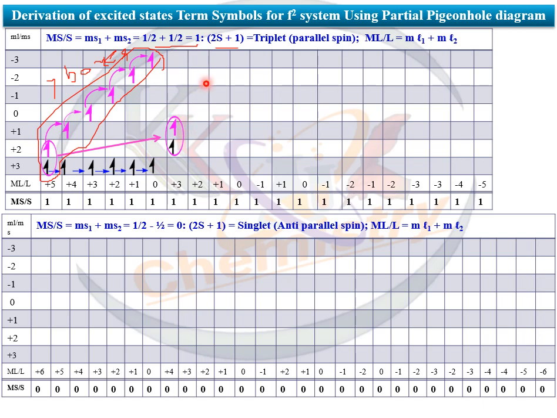Now pushing the pink electron in upward movement as well as horizontally, just keep on moving till you reach the last box. Here, how many placement ways for this particular set of electrons? 1, 2, 3, 4, 5, 6. Keep on moving.